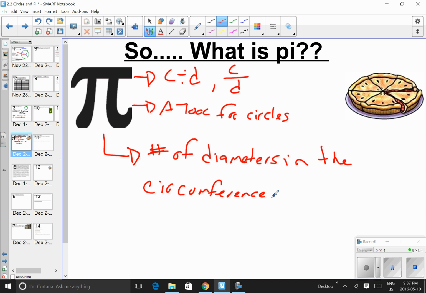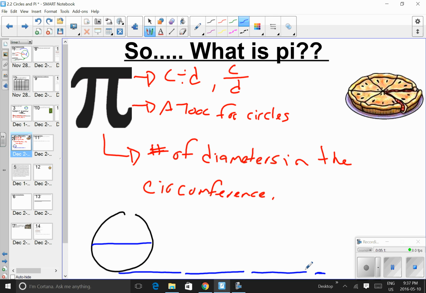So what that means is, if I had a circle, and it has a diameter, if I was to unroll this circle, or if this was a string and I was to straighten it out, it would be the same as having 1, 2, 3, and a little bit. You would be able to get 3.14159 diameters out of that circumference if you unrolled it. So just over 3, which is kind of cool. It's a nice visual way to see pi.